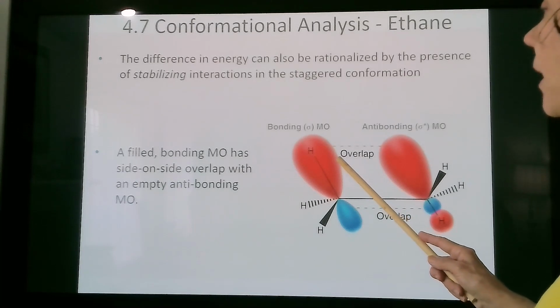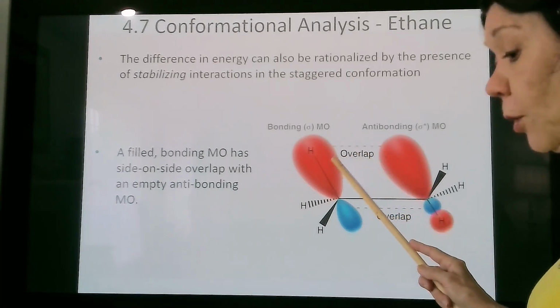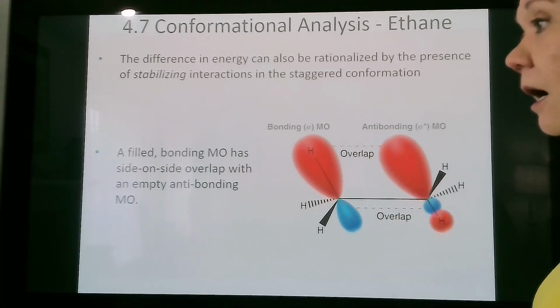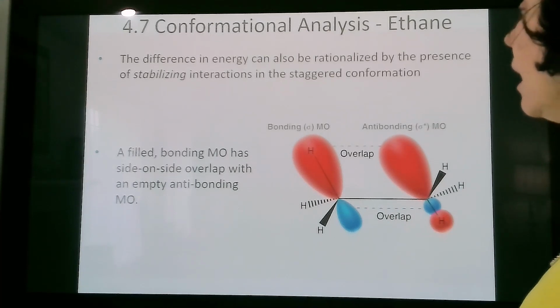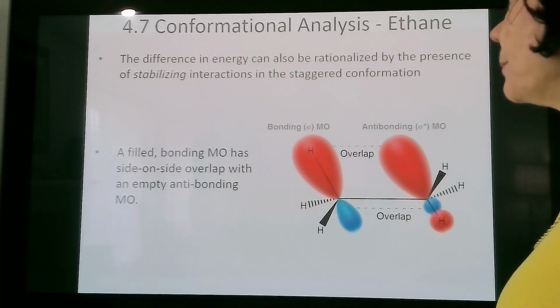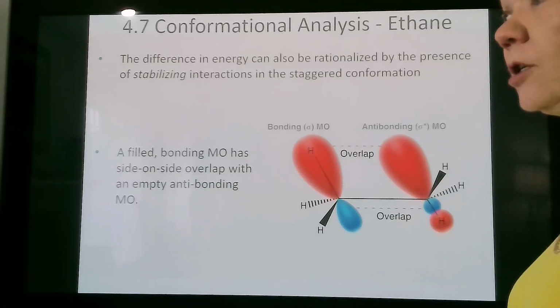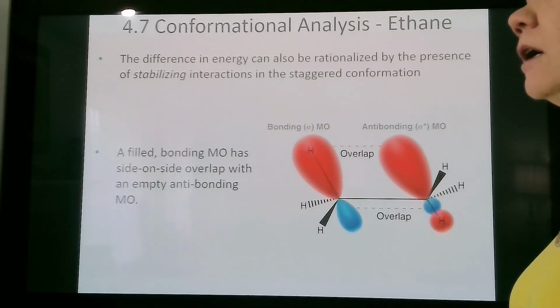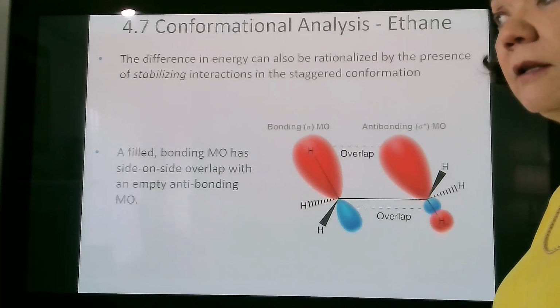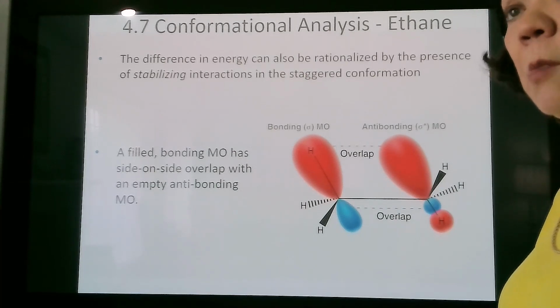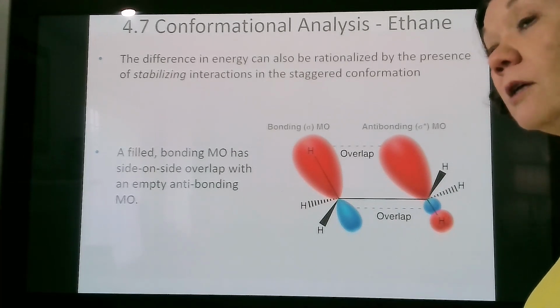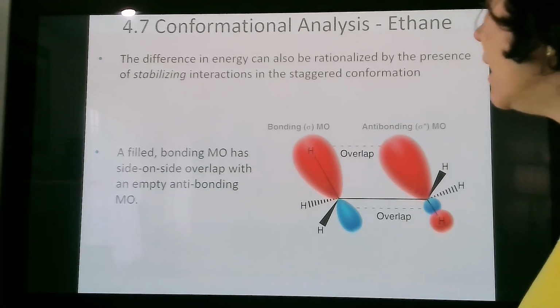The stabilization of the staggered conformation can also be explained. I gave you the explanation that the CH bonds are as far apart as possible, and so that's stabilizing.